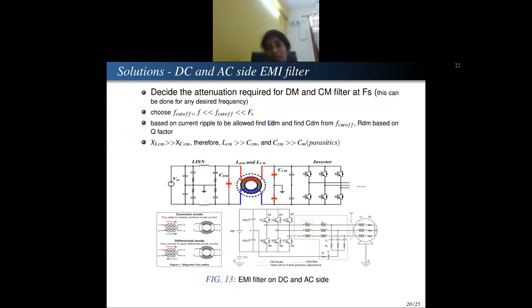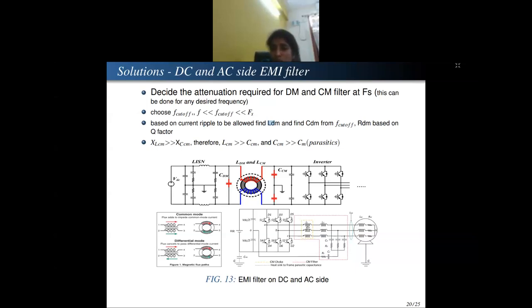Therefore, LCM has to be greater than CCM, and CCM, this capacitance, has to be much greater than the motor parasitic capacitance or the load parasitic capacitance, because the current will be bypassed from here if this capacitance is higher, or if the impedance offered by this filter is higher than the load, so that all the current would be bypassed here. These are all the basic rules. What is this?